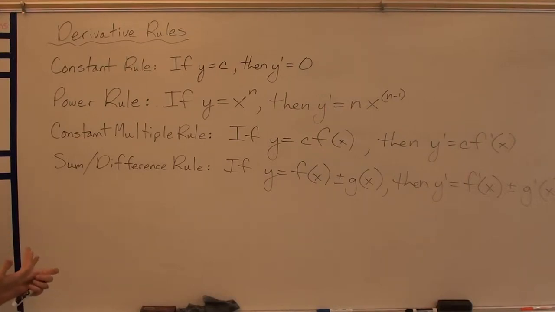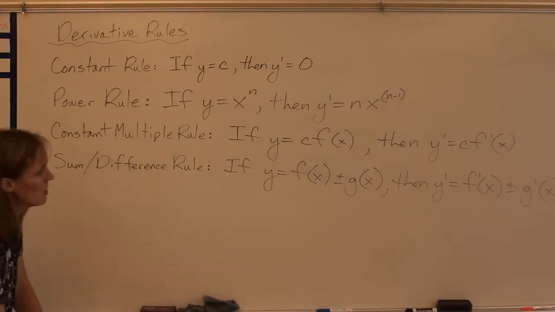To find derivatives of products, quotients, and compositions, we're going to do products and quotients on Wednesday, because those rules do not work so nicely. If I have f times g, the derivative is not f prime times g prime. Composition, f of g, will be next week, because that gets a little more complicated.